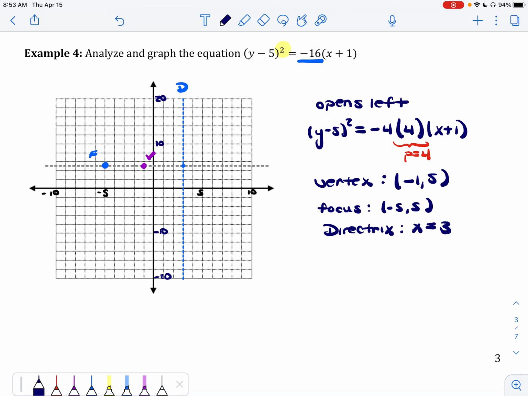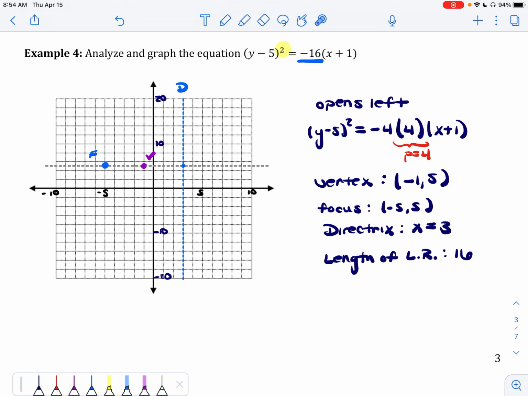All right, and then the last thing we need are the points on the latus rectum. So the total length of the latus rectum in this case, look back at our original equation, we had a negative 16 there. So the length of the latus rectum is just the absolute value of that. So the latus rectum is 16 units across.